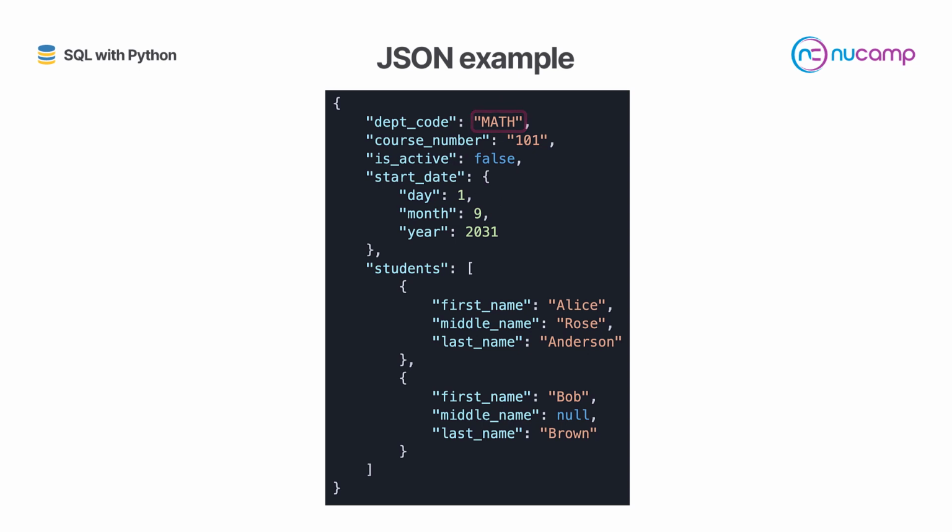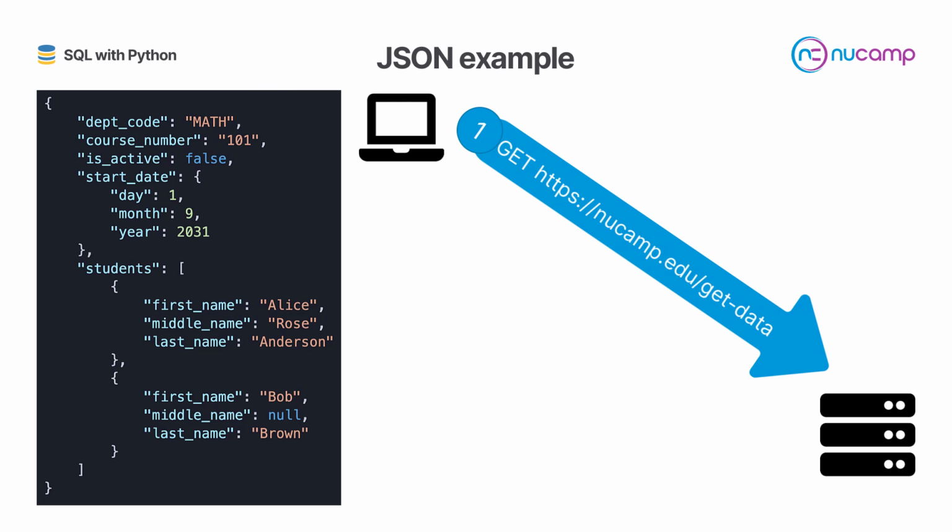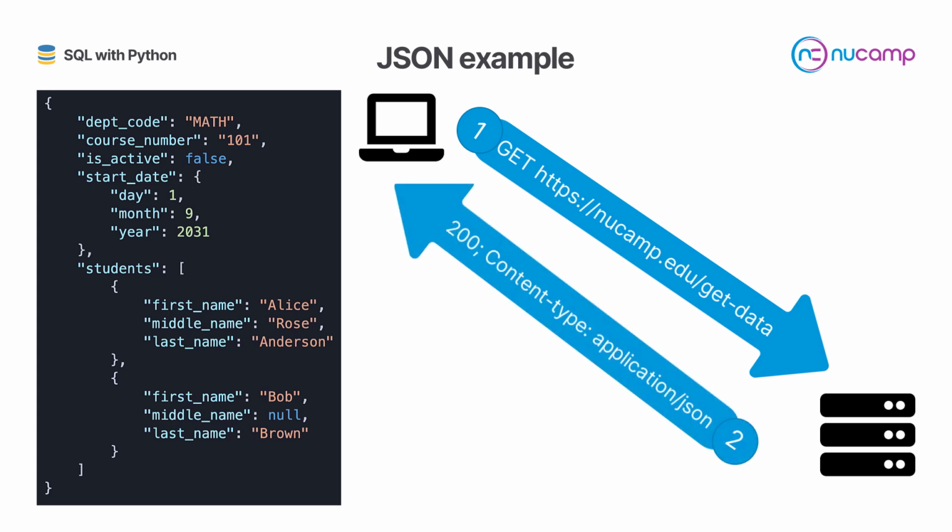Now let's imagine that a client makes a GET request to an API server, hosted at the fake address https://newcamp.edu/get-data. The client then receives this JSON response from the server. However, the REST API conventions also call for consistent URL path structures.